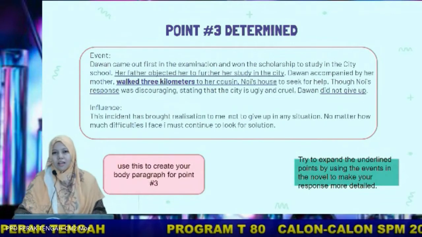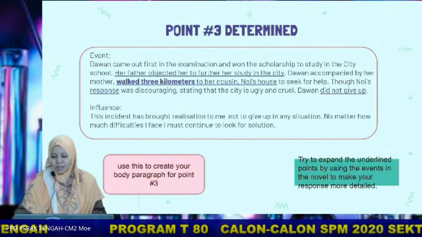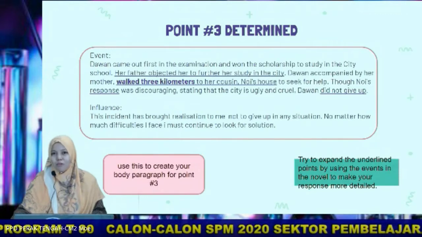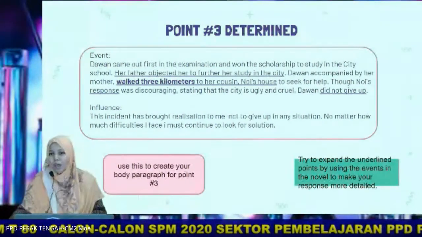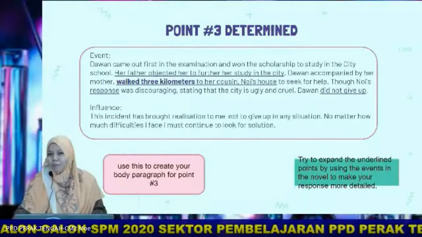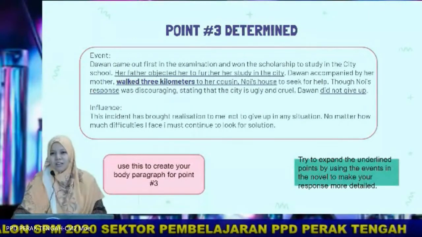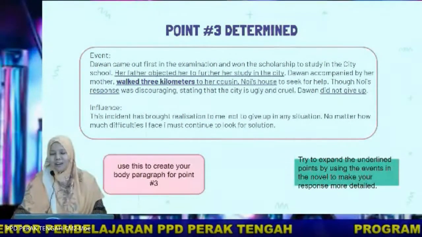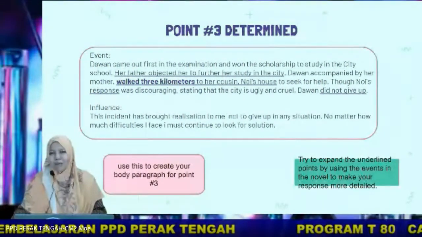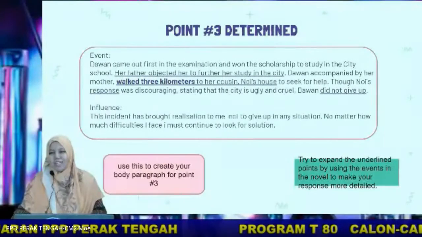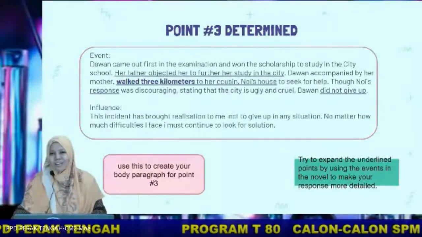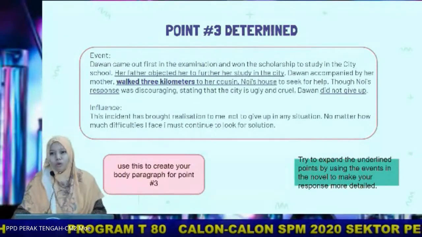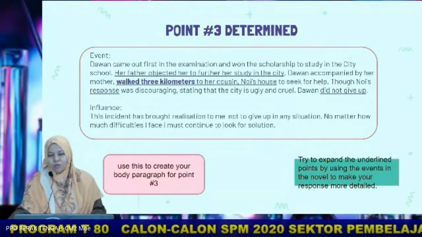Then the mother said that the grandmother is not strong enough to walk 3 kilometers. And the mother left the baby underneath the house. I think that's the funny event there, because the mother left the baby underneath the house with chicken around. So that's why the mother accompanied Dawan to go to Noy's house.